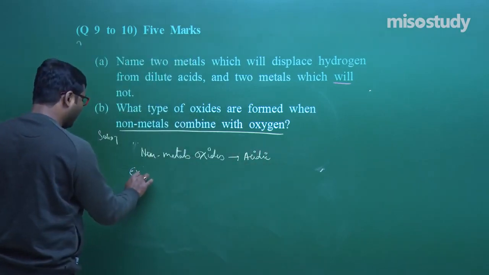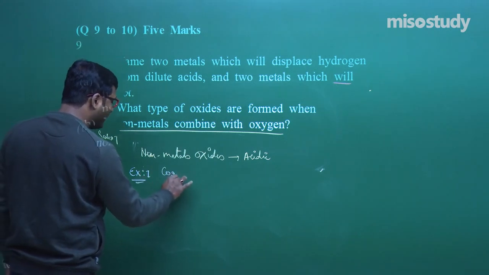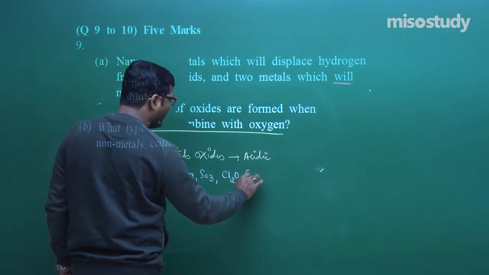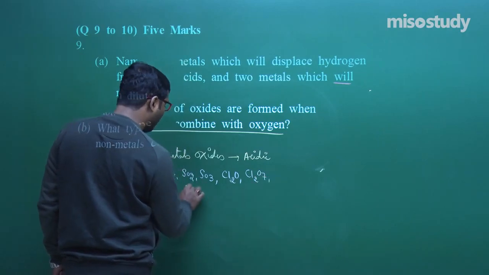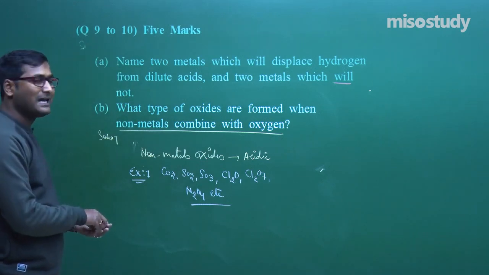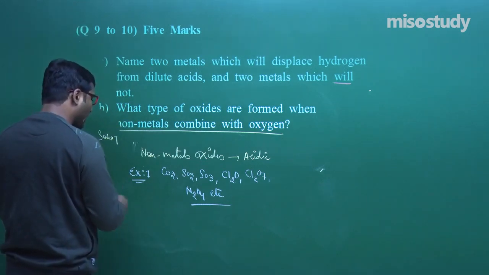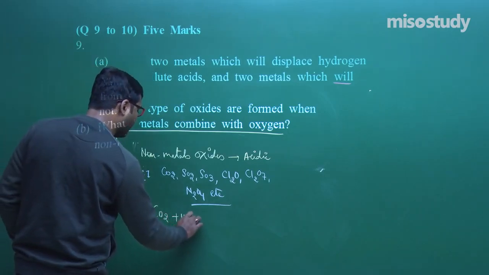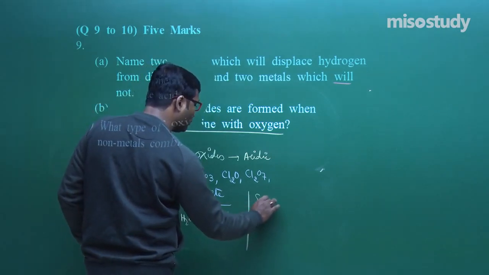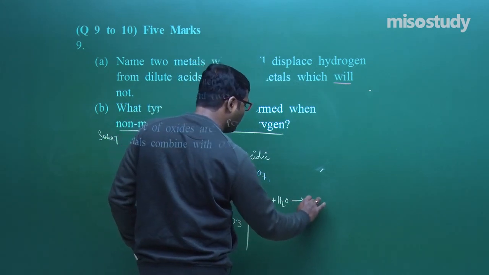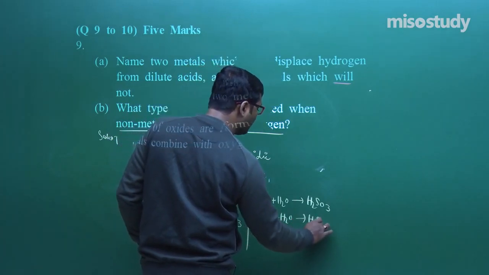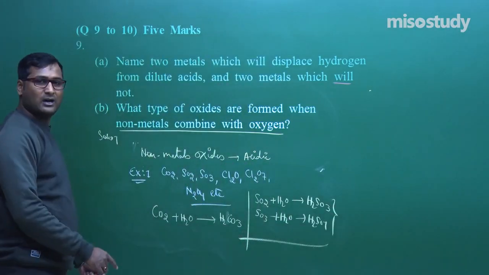For example, CO2, SO2, SO3, Cl2O, Cl2O7, N2O, N2O4, N2O5, N2O3, these all are acidic in nature, because when they dissolve in water, they form acids like H2CO3. Do you remember? When SO2 dissolves in H2O, it gives you H2SO3. SO3 plus H2O gives you H2SO4, my friend. Am I right? Yes, sir, you are absolutely right.